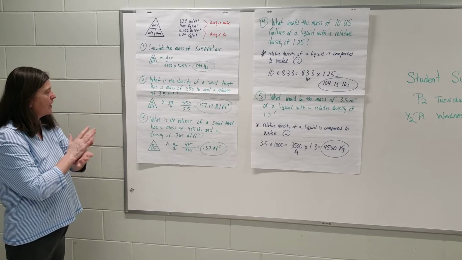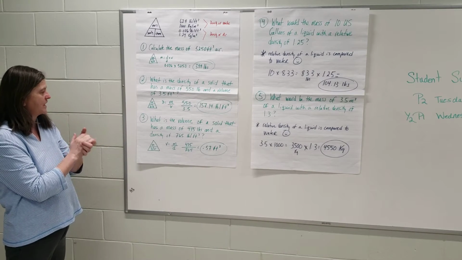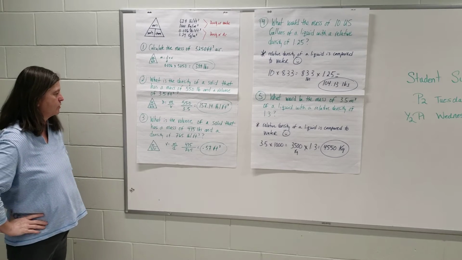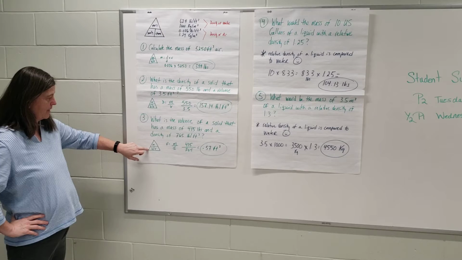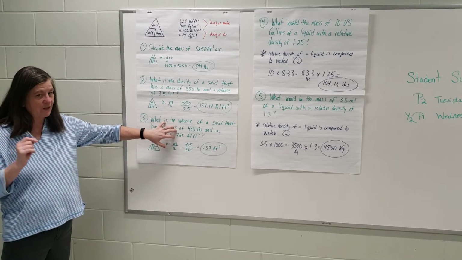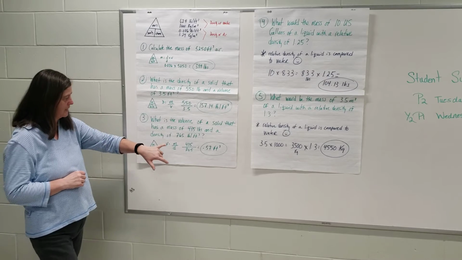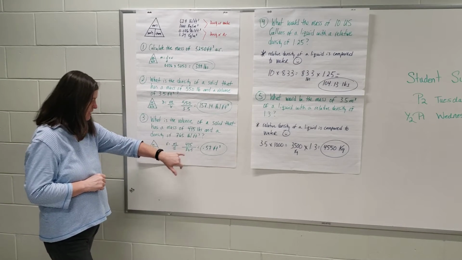Number three: what's the volume of a solid that has a mass of 435 pounds and a density of 765 pounds per cubic foot? We're looking for volume, so mass divided by density. Here again, both the numbers you need are right in the question. Go to work, get it done. 435 is the mass, the density is 765.